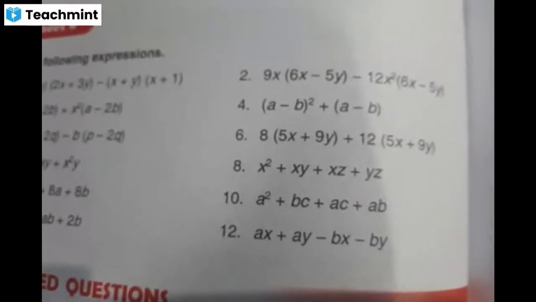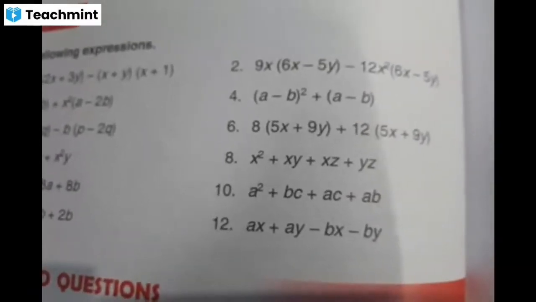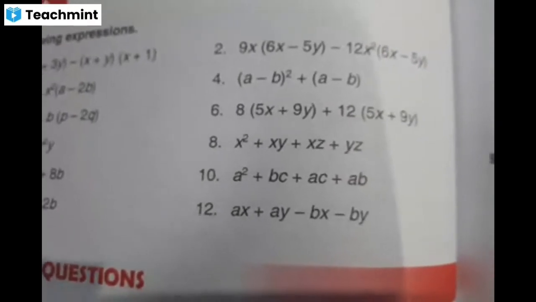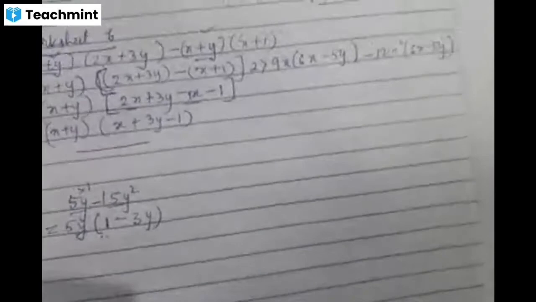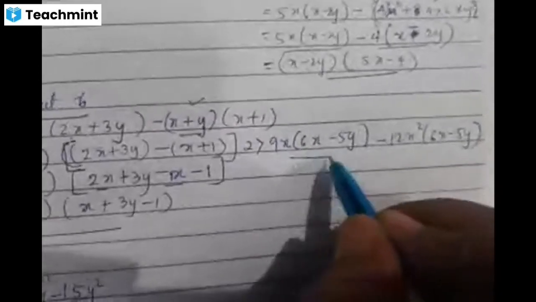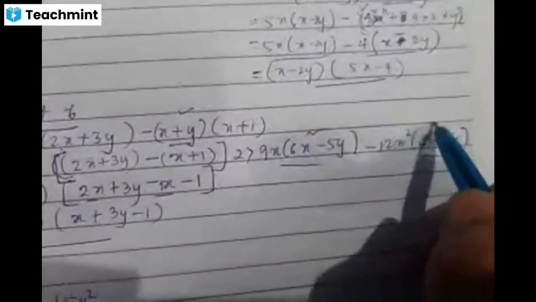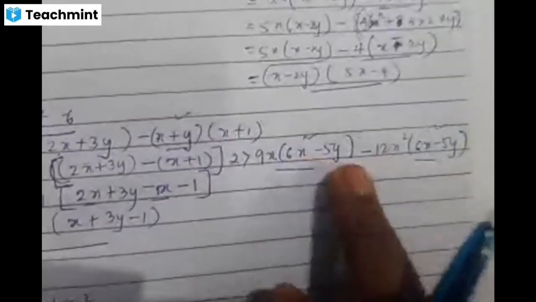9x into 6x minus 5y minus 12x square into 6x minus 5y. So in this type of question, children, here you have 6x minus 5y is common. You can observe here. In these two terms, we have 6x minus 5y and 6x minus 5y.